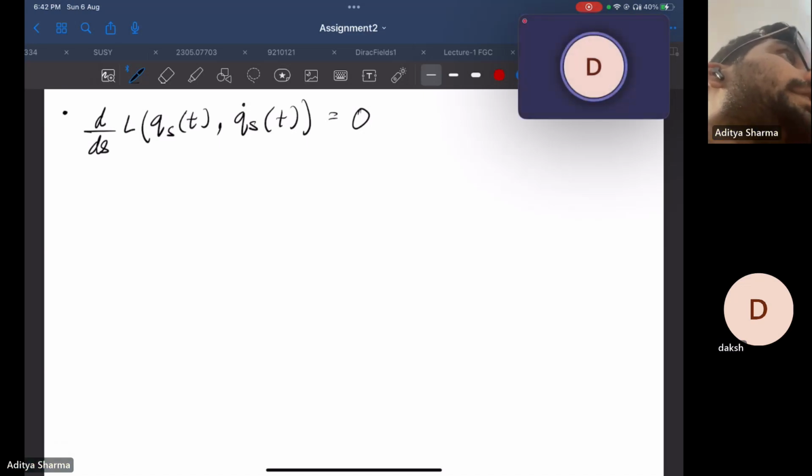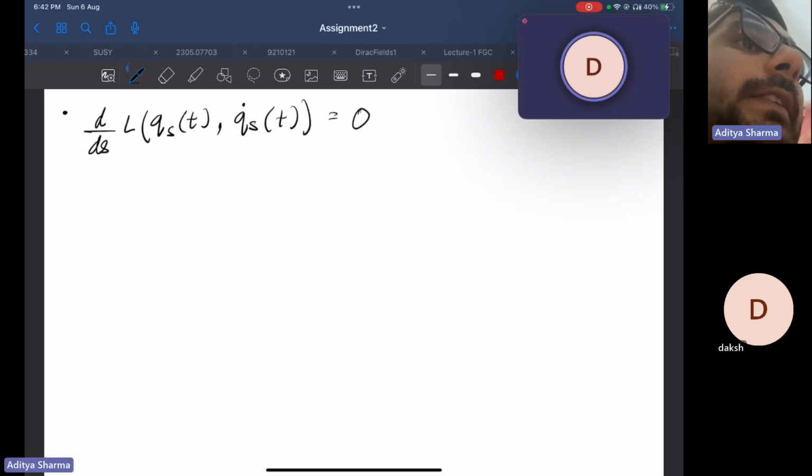We are putting this as zero. This means setting the Lagrangian to be invariant.